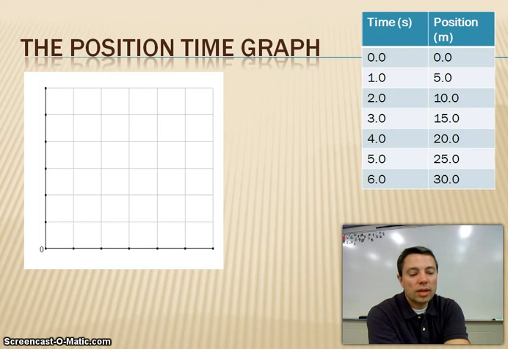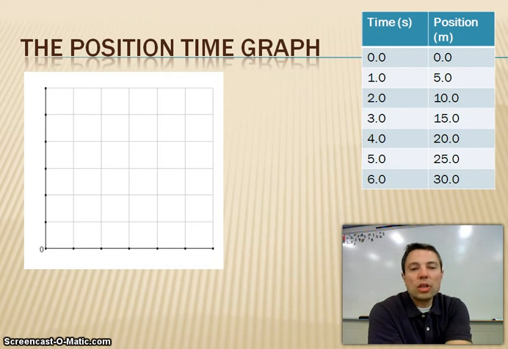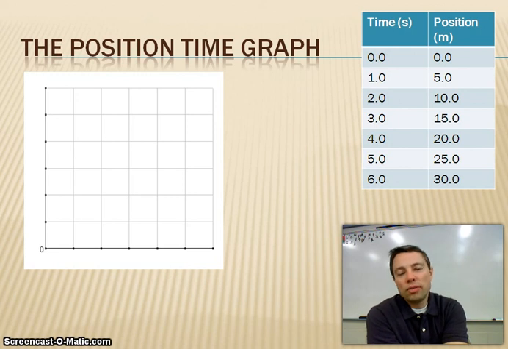So like after 1 second we've made 5 meters, and after 2 seconds we've made 10 meters, and after 3 seconds we've made 15 meters, etc., etc. And we're collecting this data. So we're collecting two different variables. We've got a time variable and we've got a position variable, or a displacement variable, because we're measuring relative to the origin in this sense.